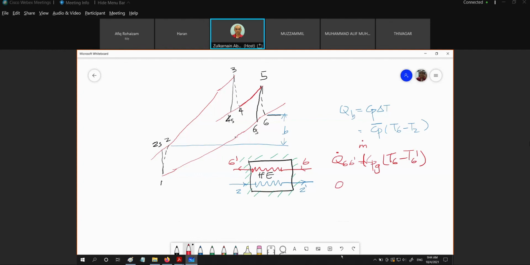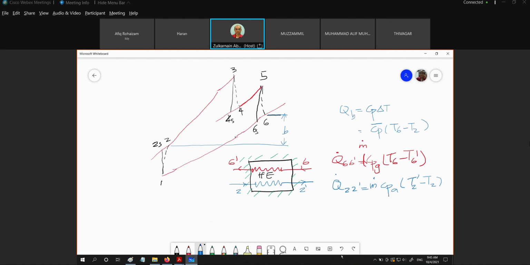Again, for the air, this is for the air part, which is Q from 2 to 2 prime, equal to CPA times T2 prime, the higher temperature, minus T2. Looking at the energy transfer by mass, the m dot here is the same because we neglect the mass flow rate of the fuel. This is what happened.